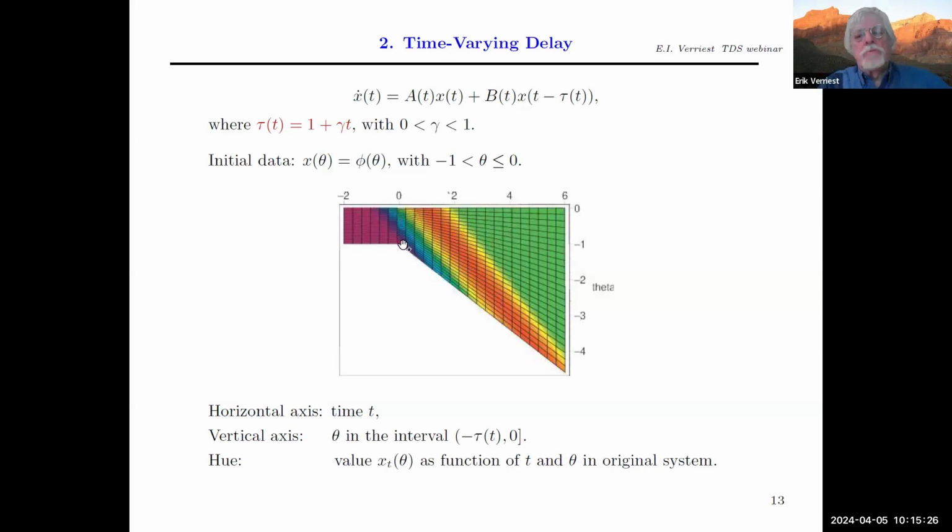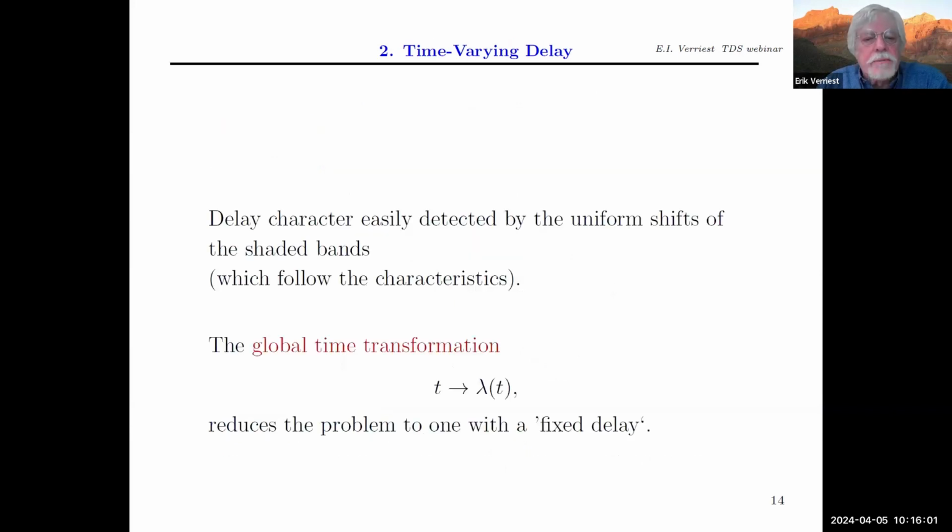It's a somewhat nicer interpretation of a delay equation. At each time t, here is the state, which is the function, and the value of the function is encoded by the color. Now you see, if gamma is less than 1, these color bands nicely fill this. But imagine now that gamma is larger than 1, and you have something like here. Then you see you're missing information that you cannot put in there, so this system would not be well defined.